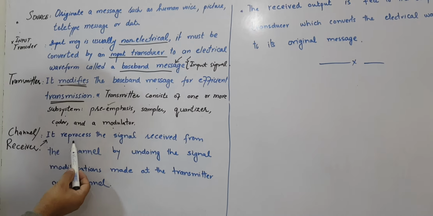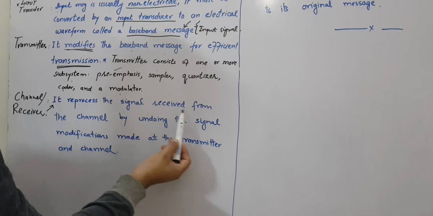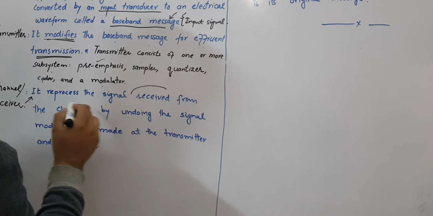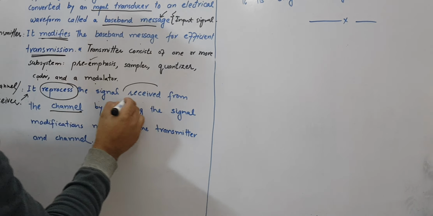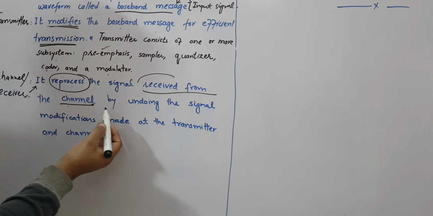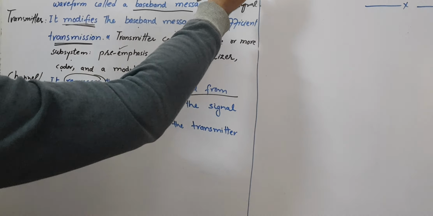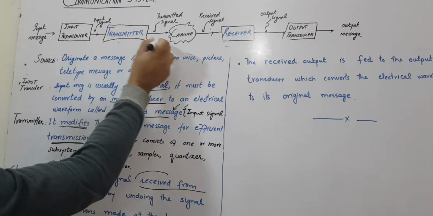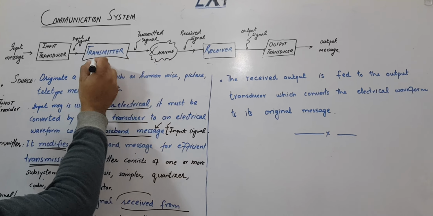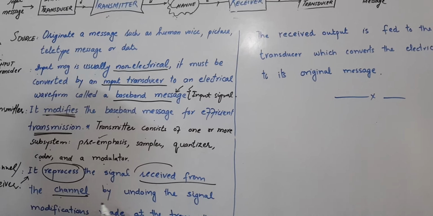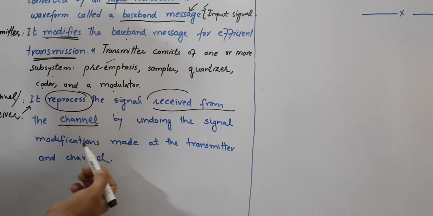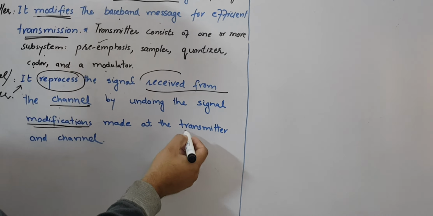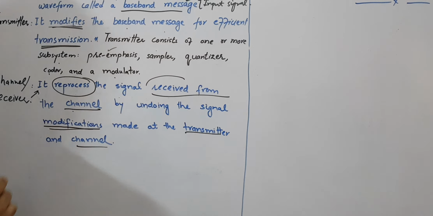It reprocesses the signal received from the channel. It undoes what has been done at the transmitter and the channel, the changes at the transmitter and the channel. So it will undo all those modifications that have been done at the transmitter and the channel.